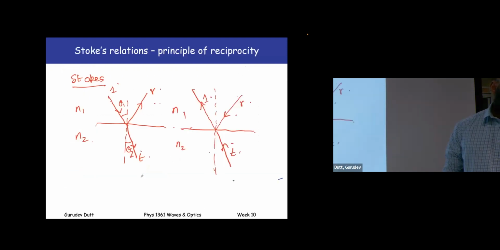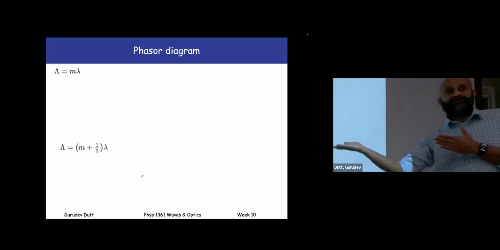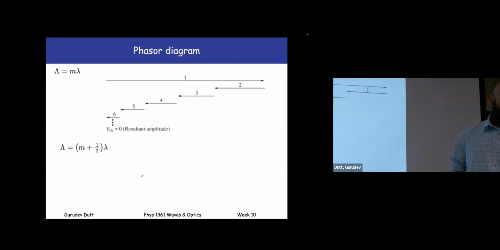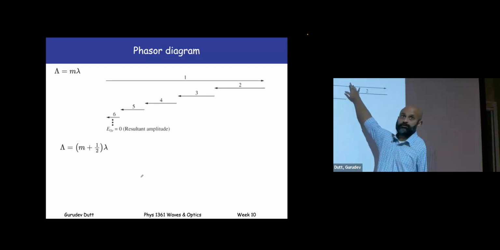And if they are exactly integer multiples of wavelengths, or a phase shift of 2 pi, if there was no minus sign, they would all line up in the same direction. But because of the minus sign, they all line up together, but opposite to the original.